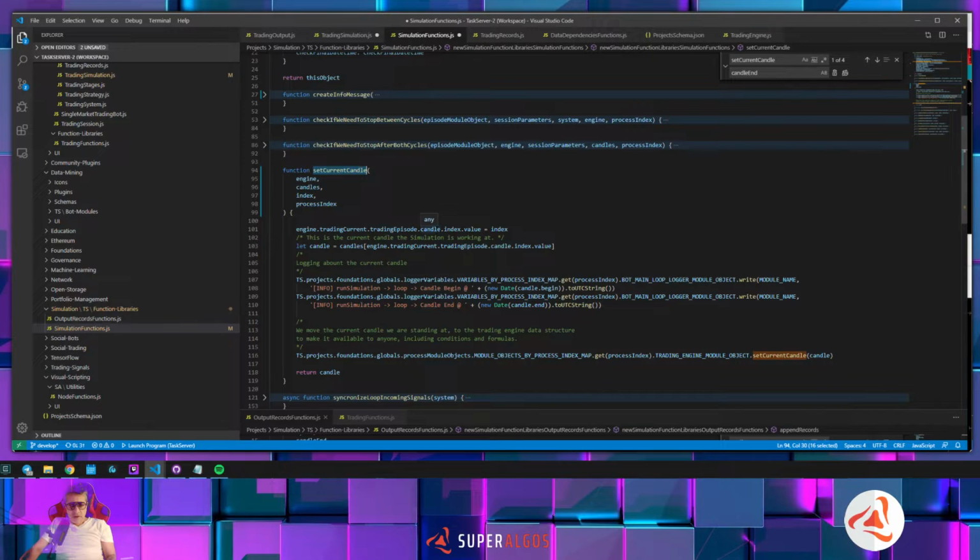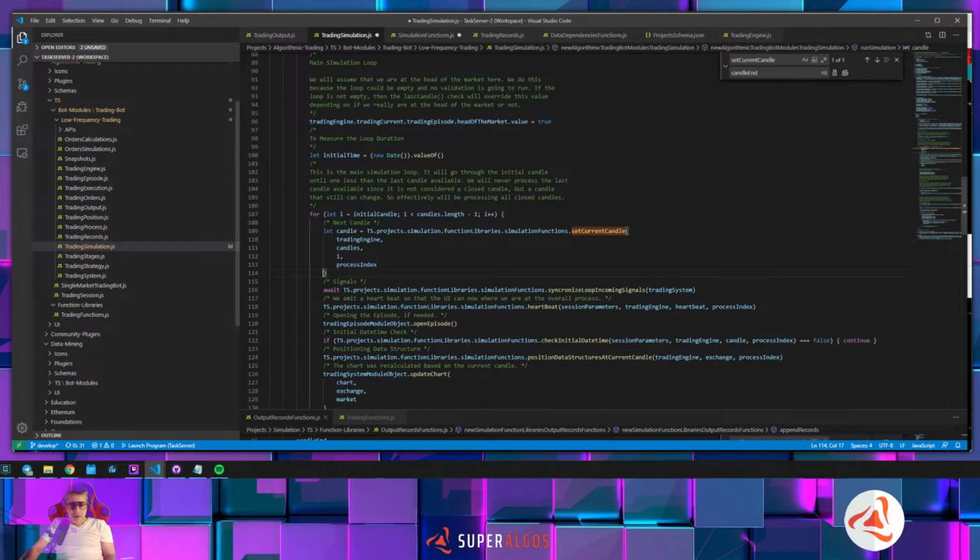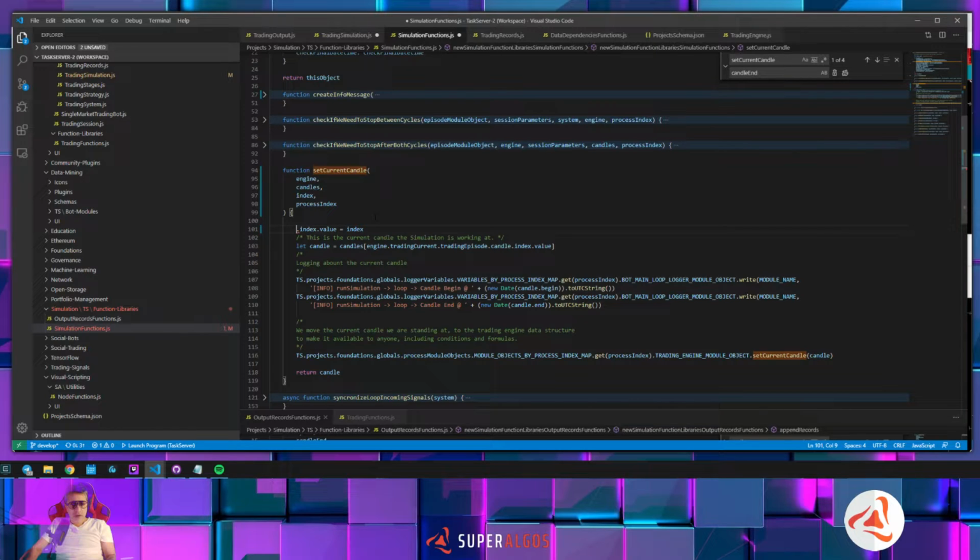Because we have to set a value inside this object, we are going to assume that there will be an episode. And here, we're going to take this and replace this. So we're going to send the episode candle. And that is what you're going to set here.